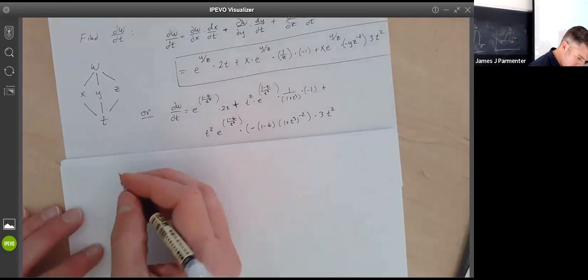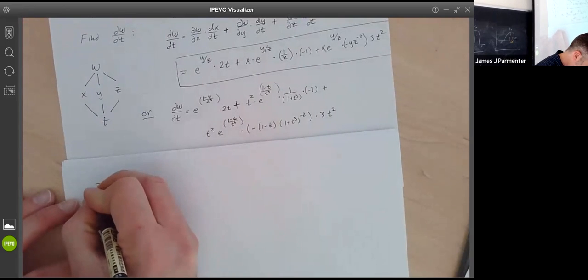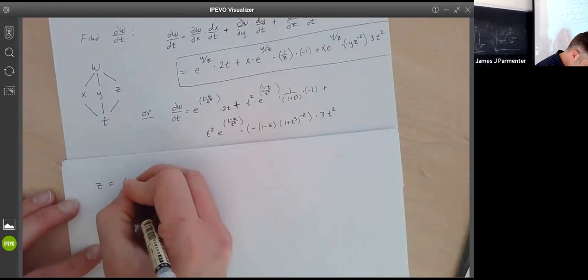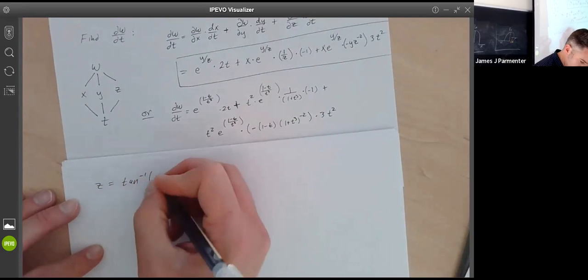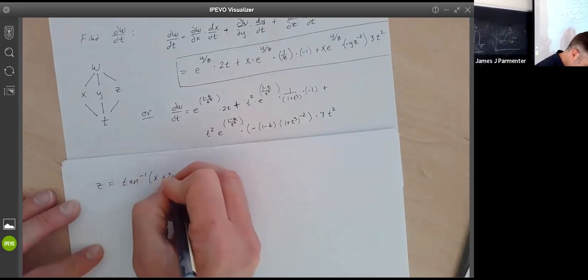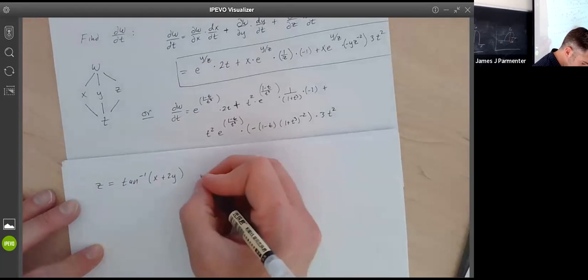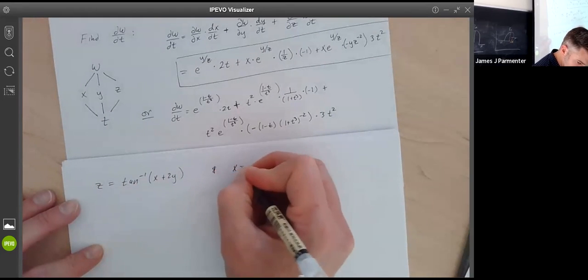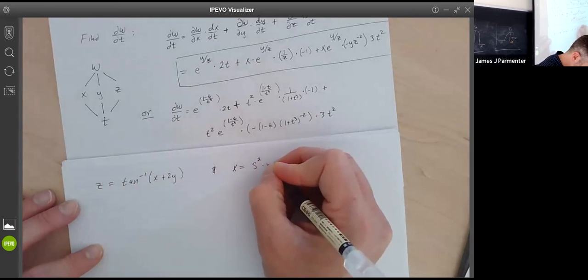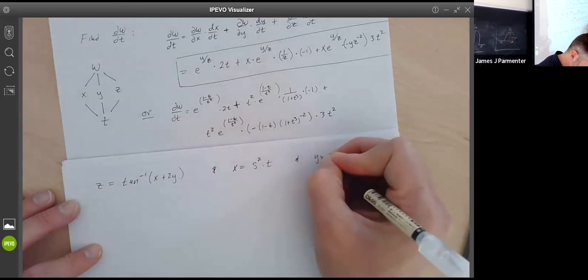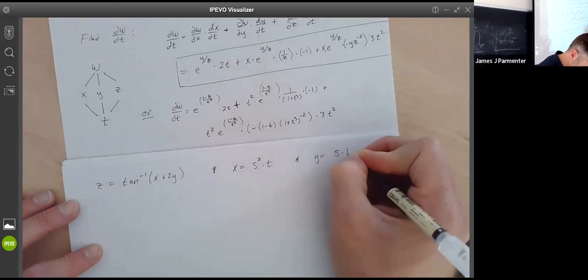So sometimes things are a little more complicated. Let's say that we have z equal to the inverse tangent of x plus 2y, and x is equal to s squared times t, and y is equal to s times natural log of t.